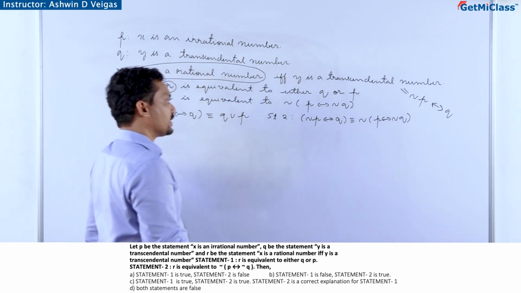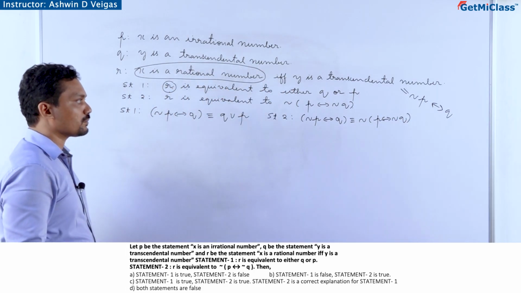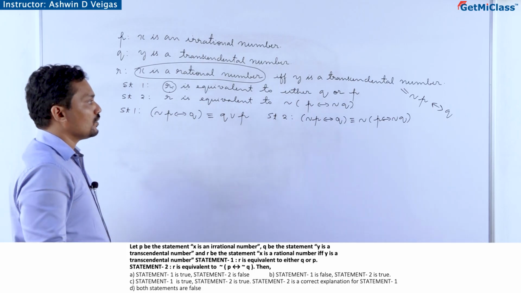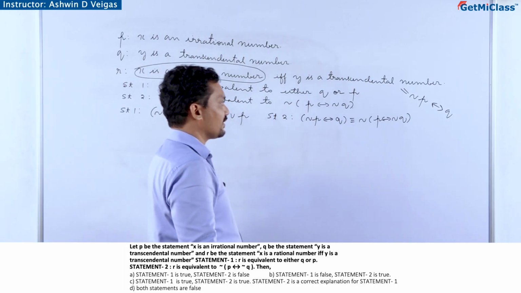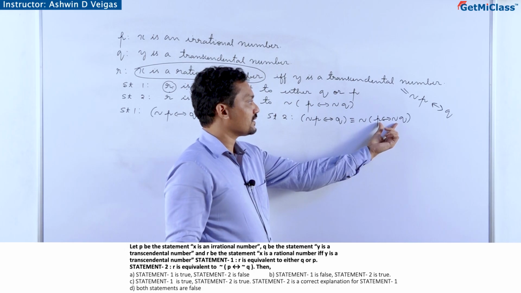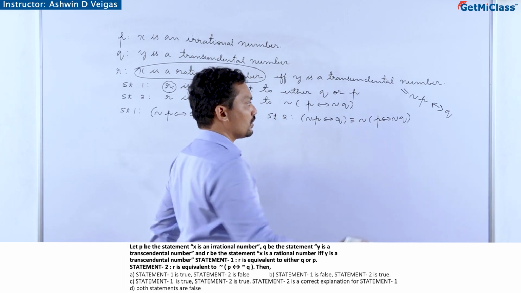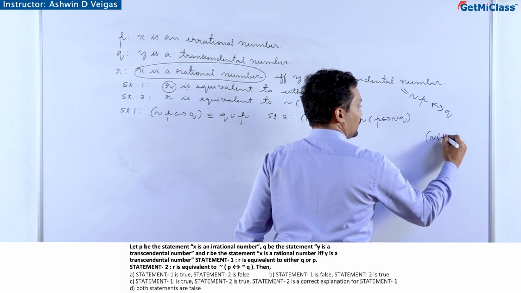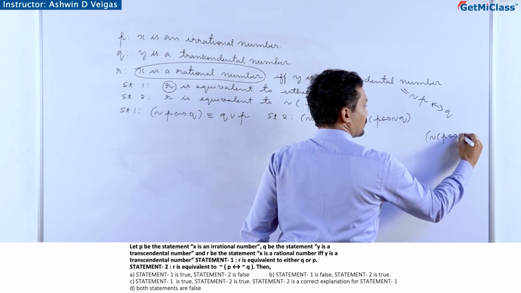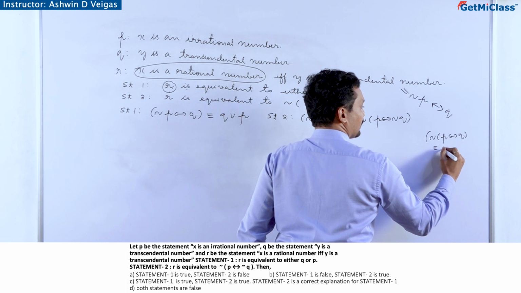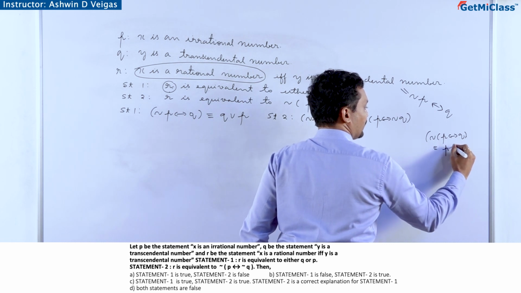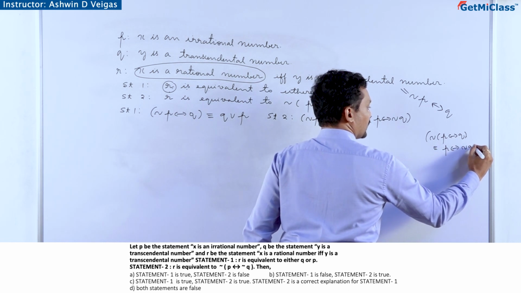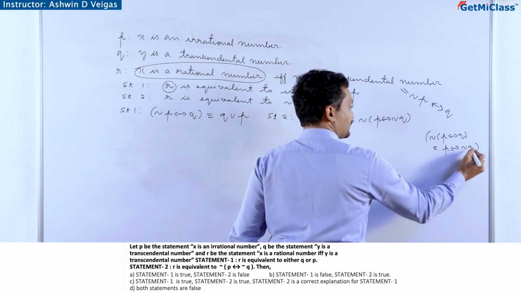Now, the validity of these two statements should be checked. Actually, if you see this carefully, this can be just written as P if and only if Q, because there is a law: negation of P if and only if Q is the same as P if and only if negation of Q. So, this is same as this.